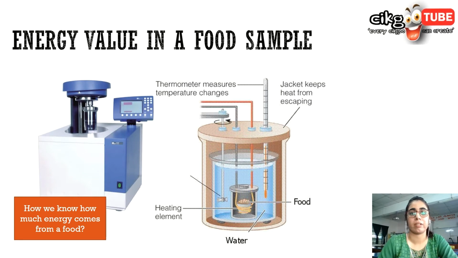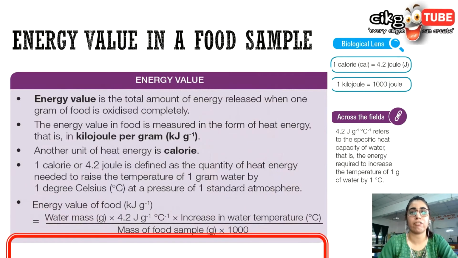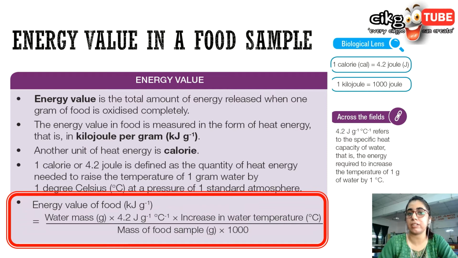The energy value of food is the quantity of energy released in the burning of 1 gram of food. The food energy value is defined as the heat energy released when 1 gram of food is completely burned in the presence of oxygen. The energy value can be measured in joule per gram or kilojoule per gram.